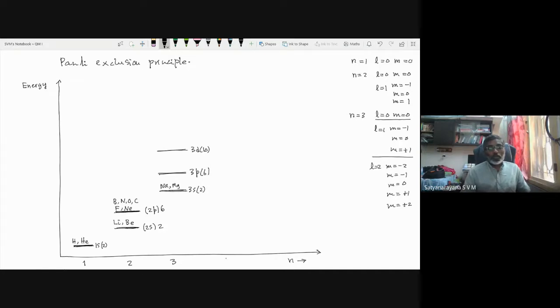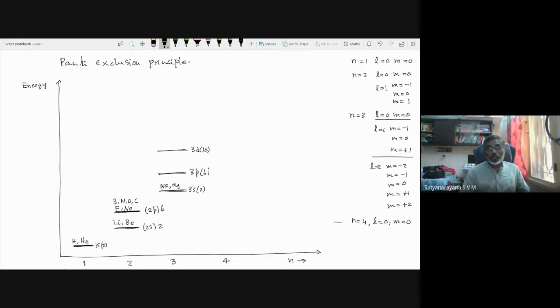Now, if you take n is equal to 4, then n is equal to 4 and L is equal to 0 and M is equal to 0, that is 4s, right?